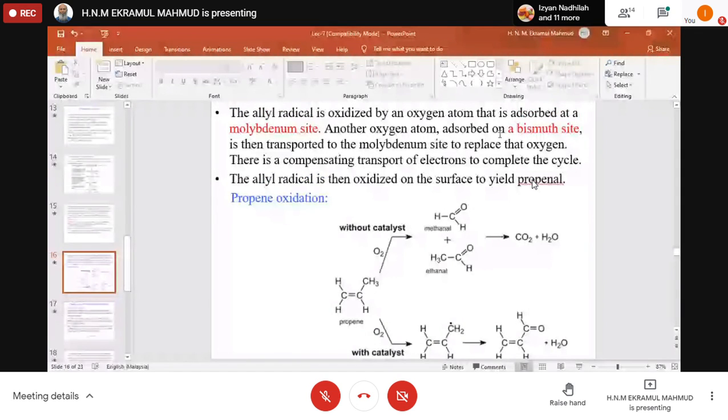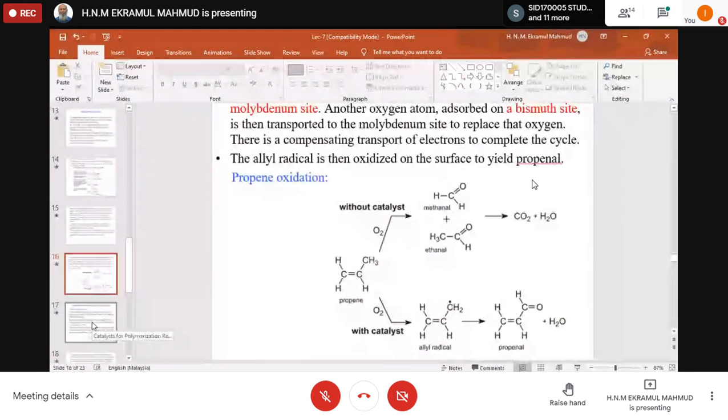These two sides will act separately. One oxygen atom will be adsorbed on this side, and another oxygen atom will be adsorbed on the bismuth side, and then it will work. So this is the dual function of this catalyst.